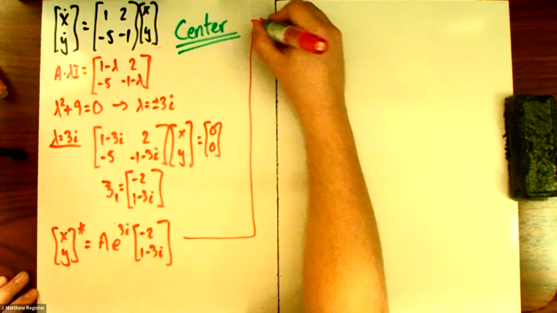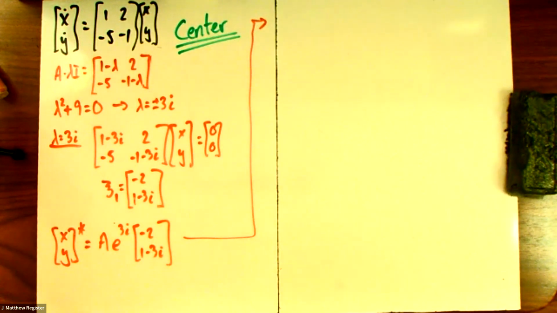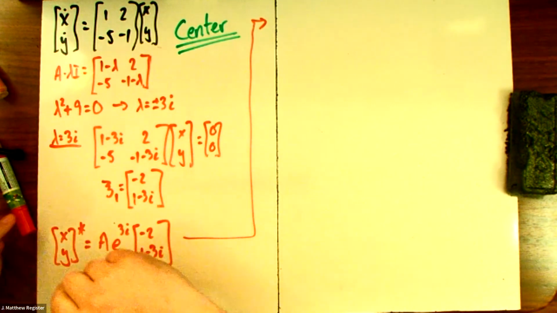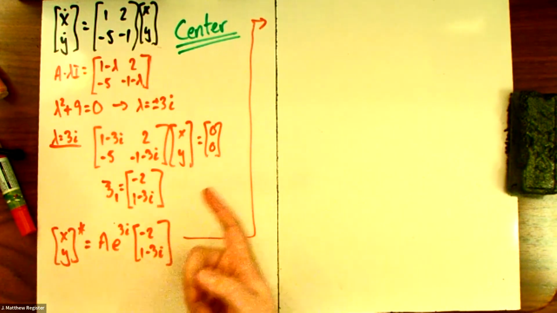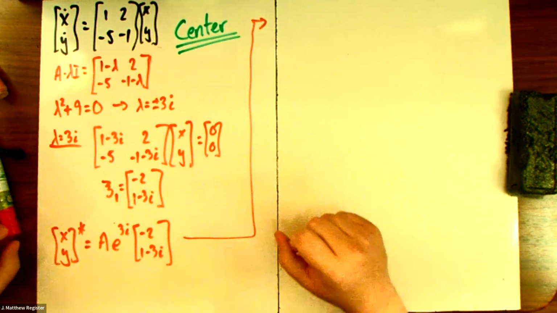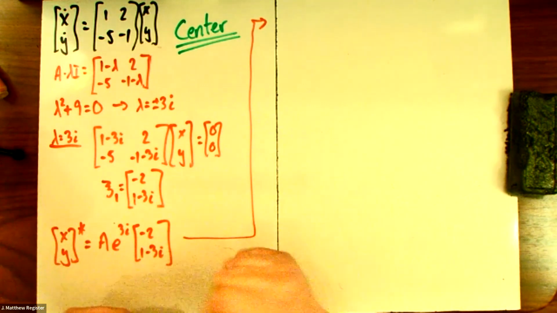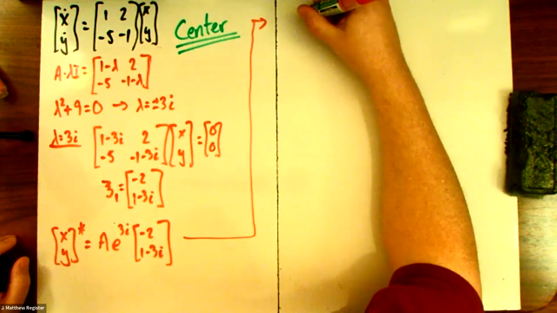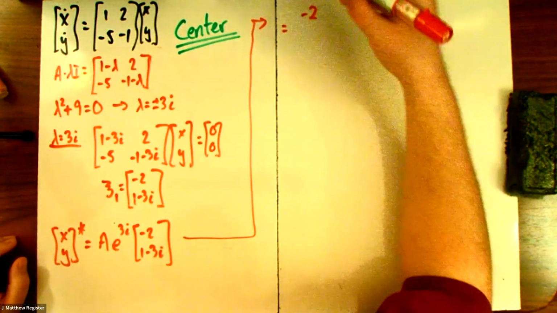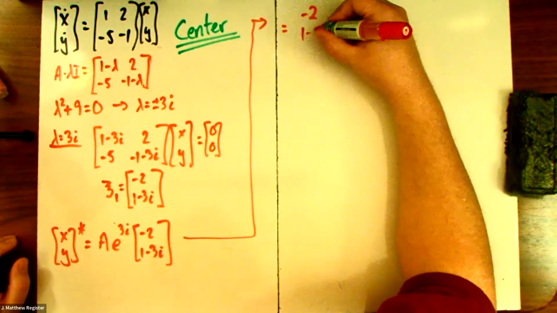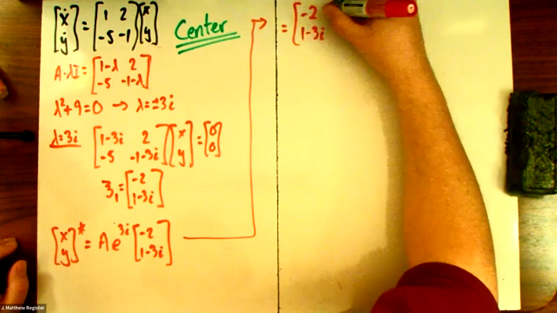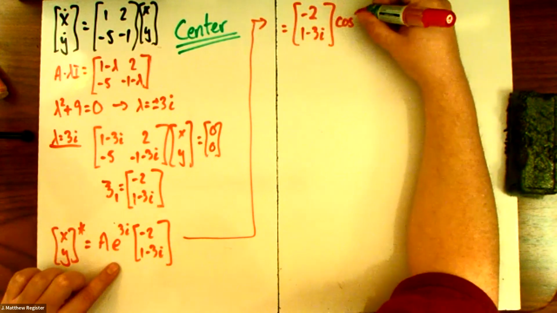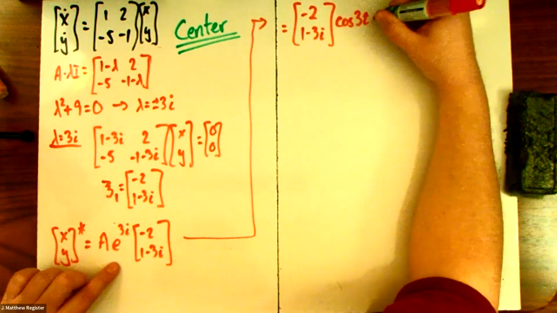Well, now we need to turn this into sines and cosines. Because there is no real component, though, we can actually just get rid of the e term in the front. And so this is going to be equal to negative 2, 1 minus 3i, times cosine of 3t.